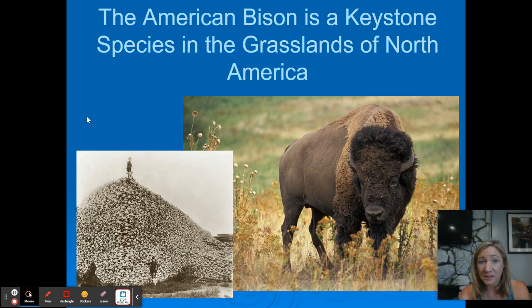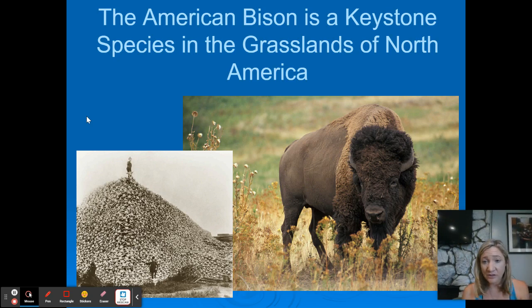The American bison is a keystone species in the grassland community of North America. And unfortunately, bison don't exist anymore. I mean, they do, but in very small numbers. White man took it upon themselves to eliminate most of them for a couple of reasons. Some of it was for their hide, but some of it was simply to hurt the Native Americans, essentially. They knew that the Native Americans used pretty much every single part of the bison, their hide, their food, everything.